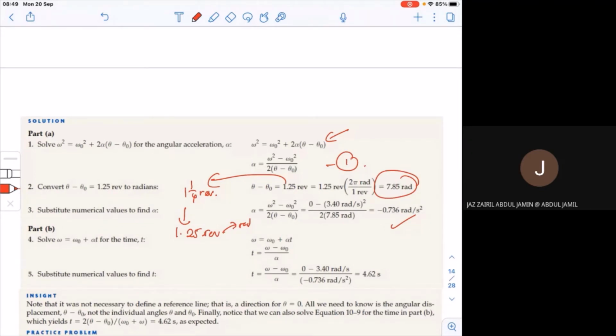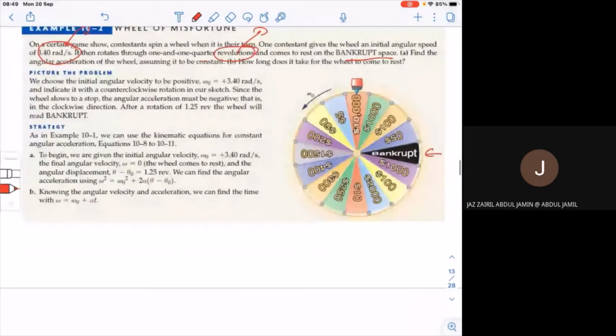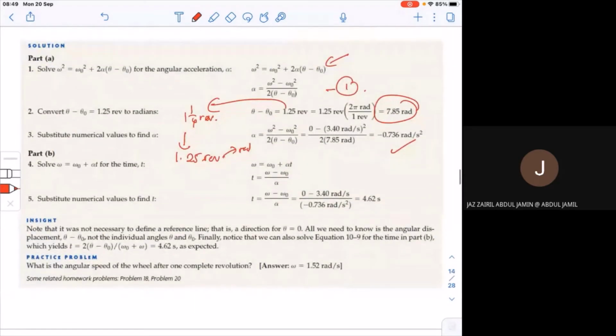And how long does it take for the wheel to come to rest? Then we can use this equation back: omega equals omega naught plus alpha t. You need to find t. The answer is 4.62 seconds.